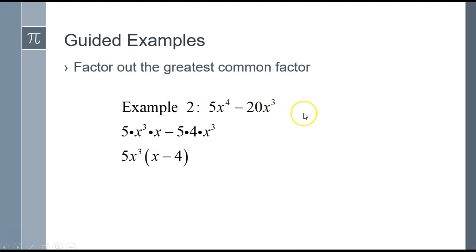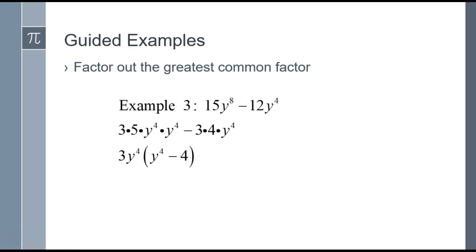But if you have x's in every term, or a variable in every term, you can remove the variable with the smallest exponent. In this case, 3 is smaller than 4, so we could remove an x cubed, because larger exponents can be written as a product of the smaller exponent with another variable.